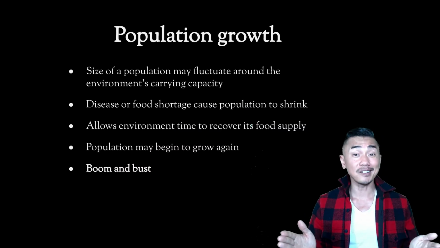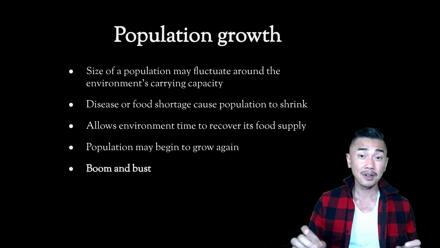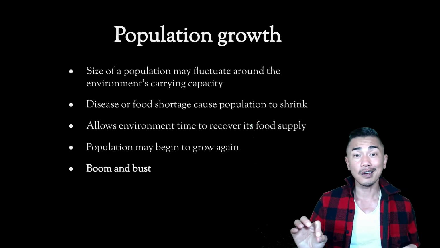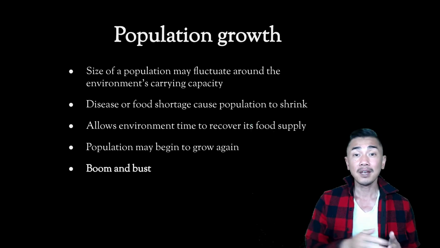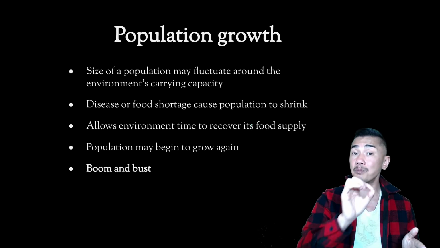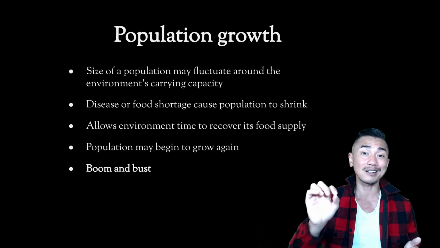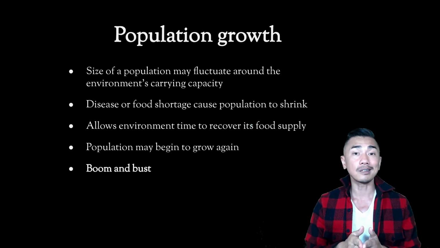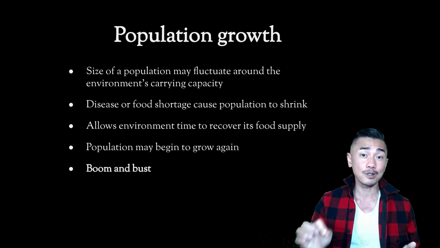There are a couple fine details that we need to understand in our study of population growth. First, population sizes may fluctuate around the environment's carrying capacity. A population size can go above the carrying capacity, but eventually nature will push it back down below it. Second, disease and food shortage can cause population sizes to shrink.